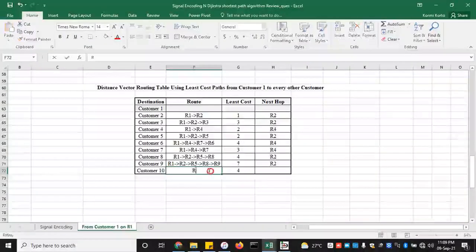And it was from R1 to R4 to R7 and to R10. And our next hop was R4.